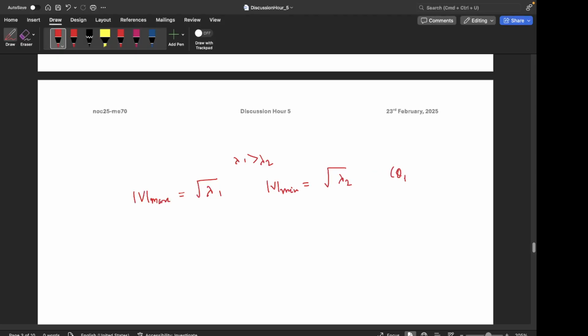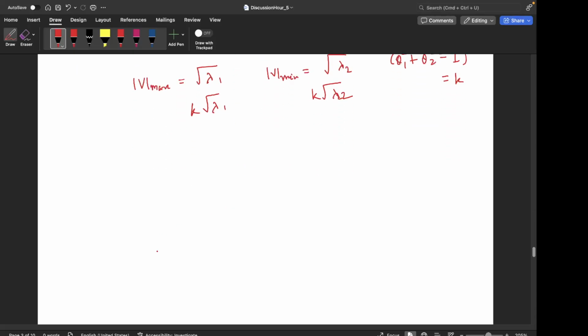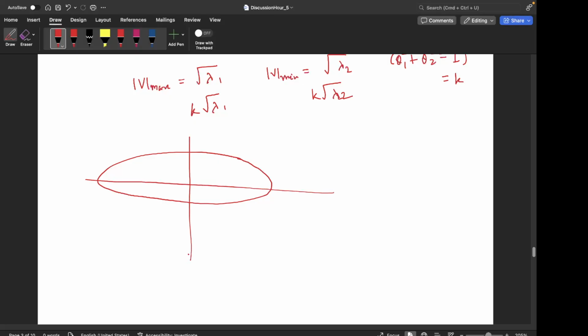And this was a case where we have this constraint on the joint velocities. If this is equal to k, then this becomes k times root lambda 1, and this becomes k times root lambda 2, right?